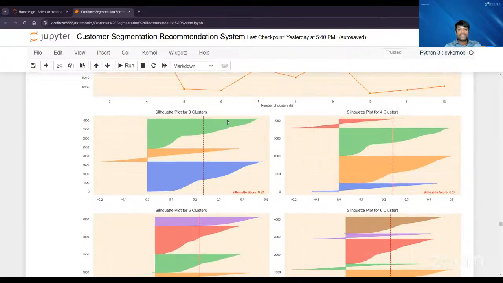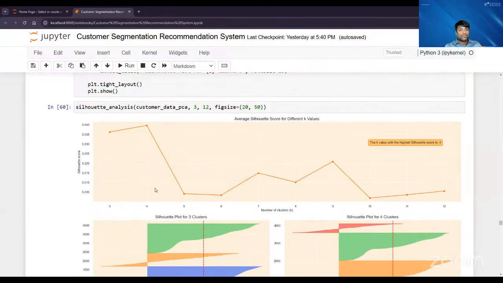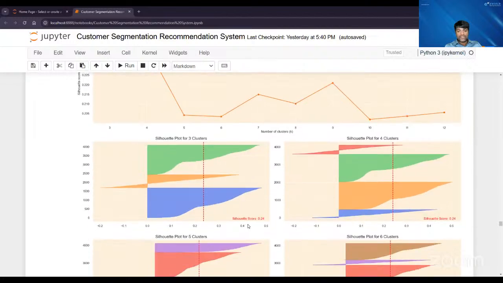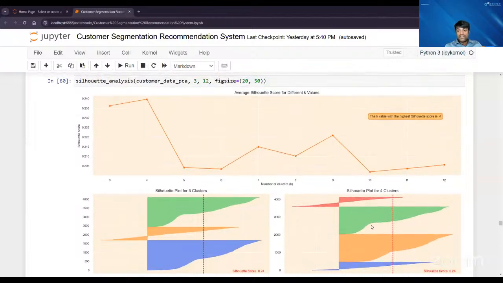Even 3 is also an ideal cluster, but if you see the graph, it is near 0.235, which is rounded off to 0.24. Here at the fourth cluster point, it is directly 0.24. So you have to consider 4 as the ideal number of clusters.